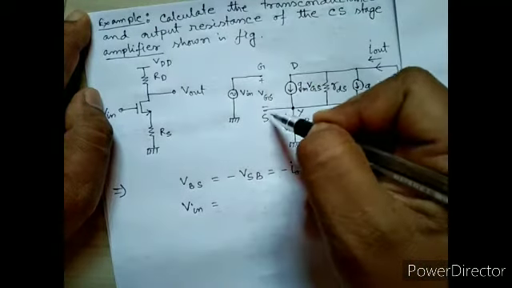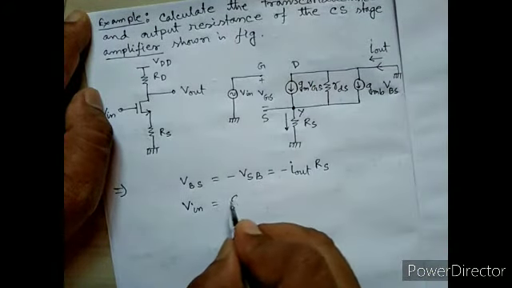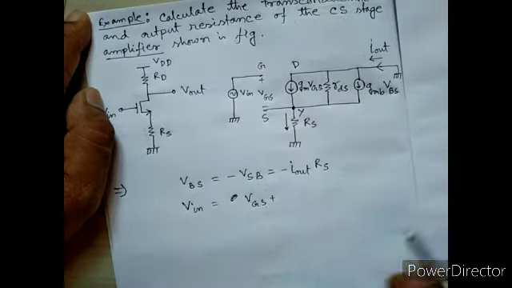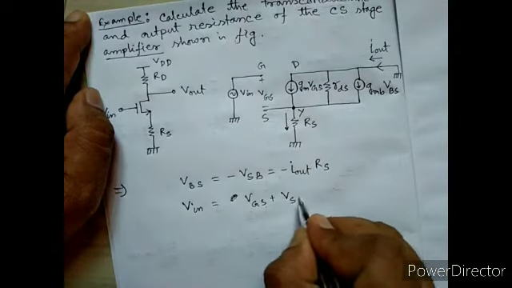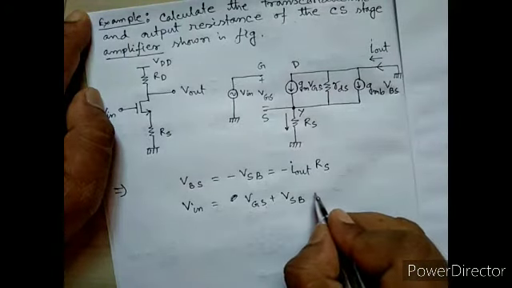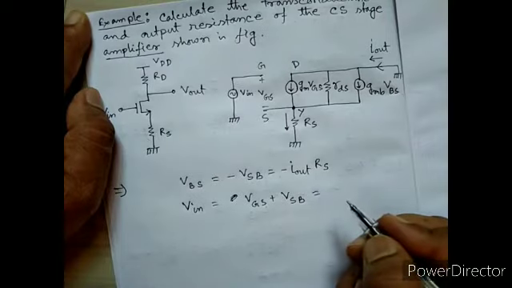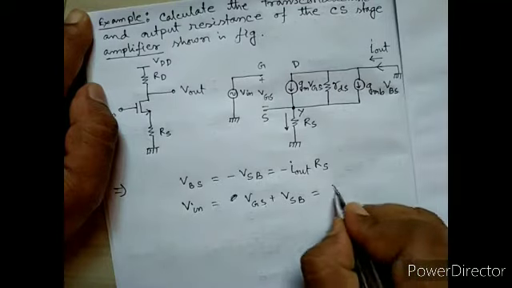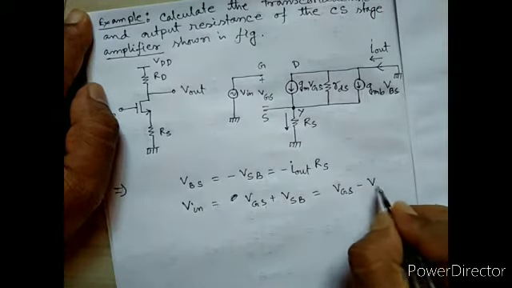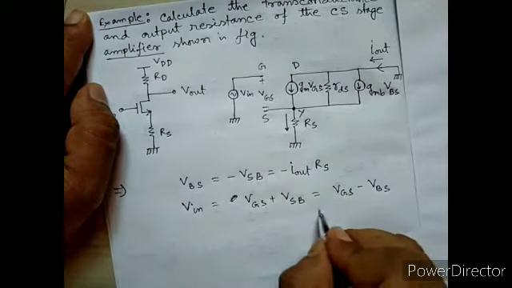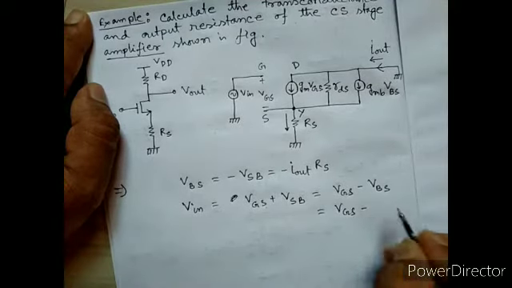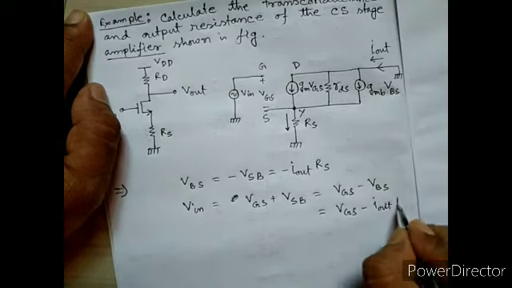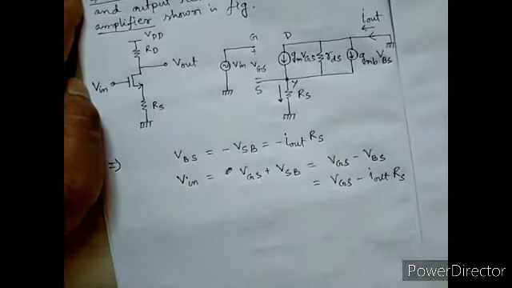The gate-source is VGS plus the source-body VSB, and VSB is nothing but minus VBS. So Vin equals VGS minus VBS, which equals VGS minus Iout times RS.